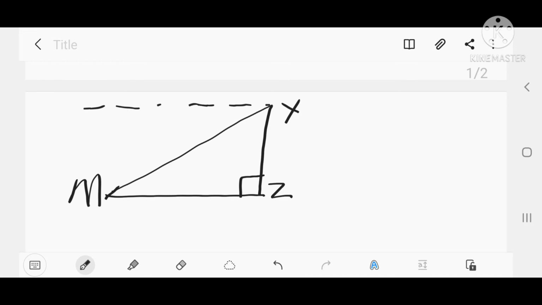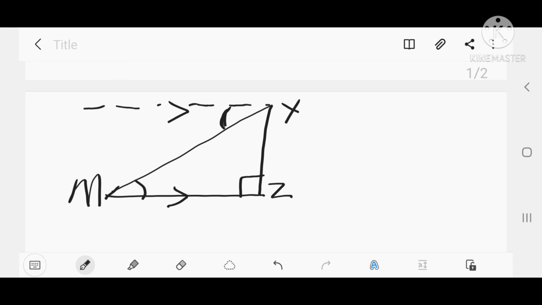The horizontal line and the base line MZ are parallel, so the angle here and here are the same. In other words, the angle of depression is alternate to the angle of elevation.